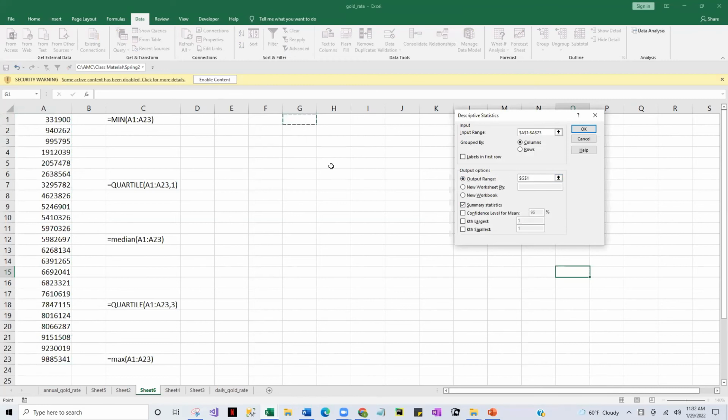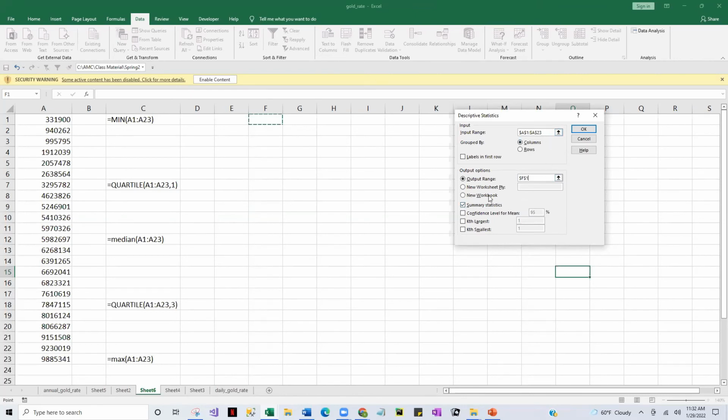You want to show it here or which tab, whatever you want, that is the output location. So the output range is where it'll show all the descriptive statistics. Yes, exactly. So if I change it here, it is going to show it here. This is the location of your result, and input is the data that you're going to analyze.